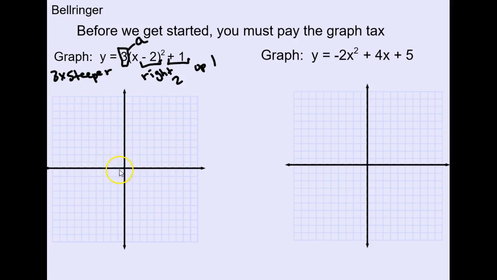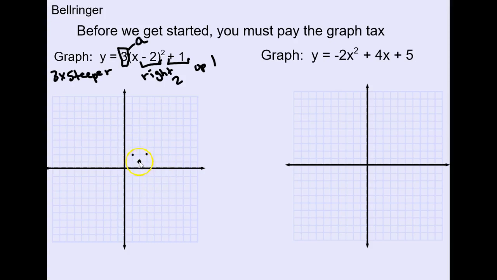So let's go ahead and graph it. We're going to go right 2, up 1. That puts our vertex right there. And then what I usually do is I kind of graph a parabola just ignoring this A value here. So normally a parabola would go right 1, up 1, because 1 squared is 1. It would go left 1, up 1, because -1 squared is also 1.